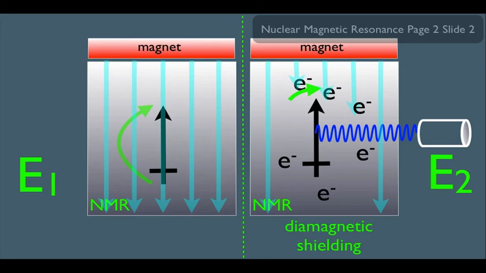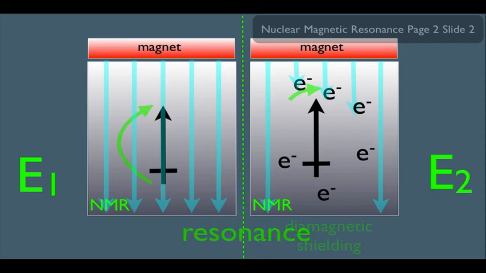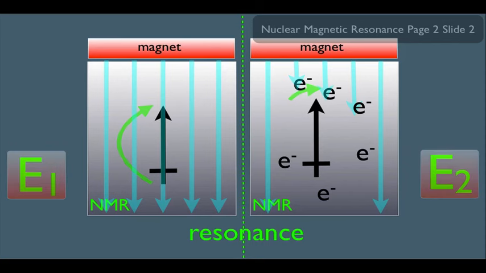Now, let's pause for a second here for vocab. What we would say here is that both of these H atoms, now both oriented in the same direction, that is up, we would say that these H atoms or nuclei are in what's called resonance. Resonance meaning same. And think about E1 here, this energy, compared to E2 energy. What would be their relative amounts?